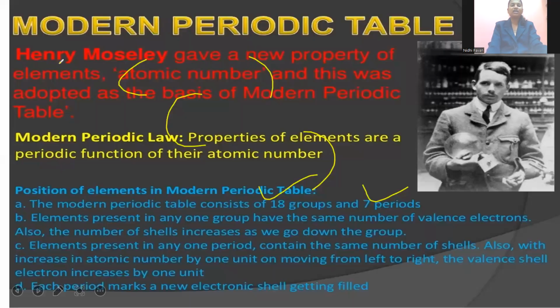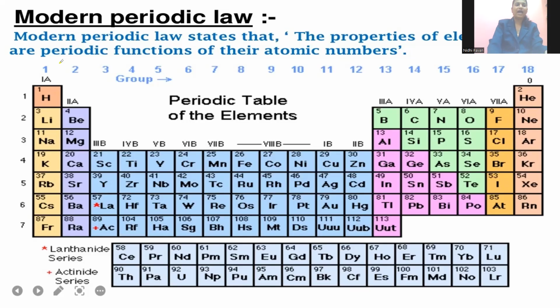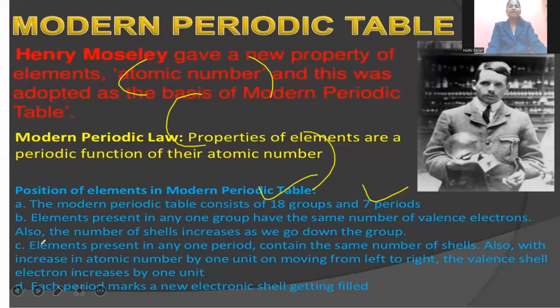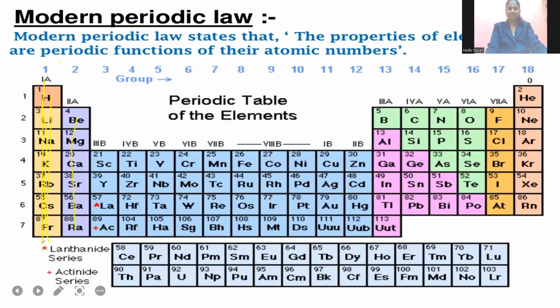Then also the number of shells increases as we go down the group. Hydrogen has 1 shell, lithium has 2 shells. Then elements present in any one period contain the same number of shells.